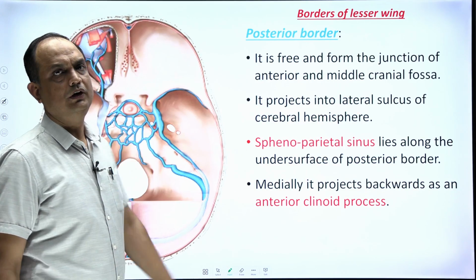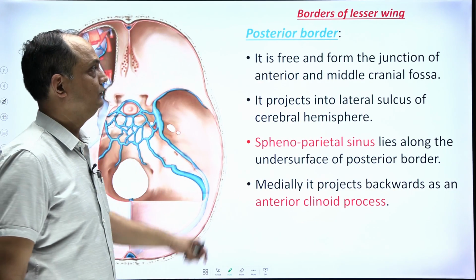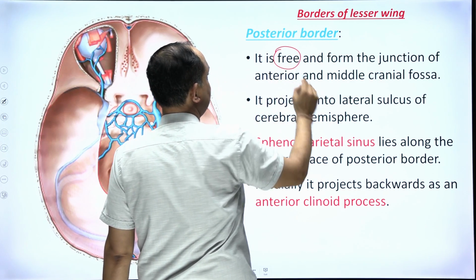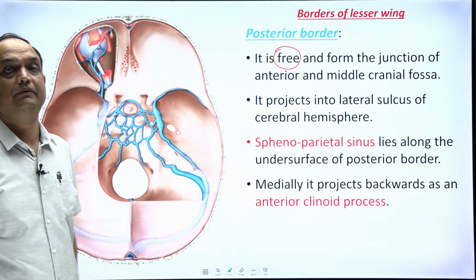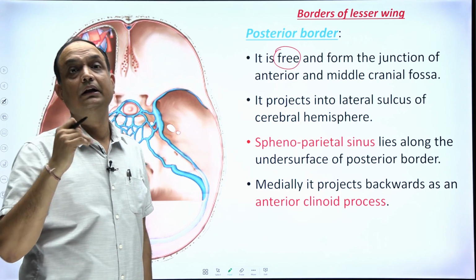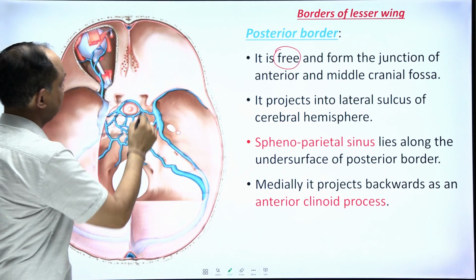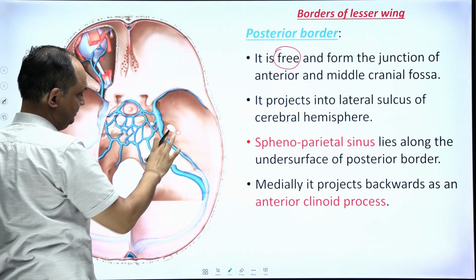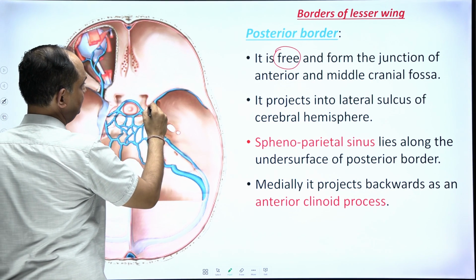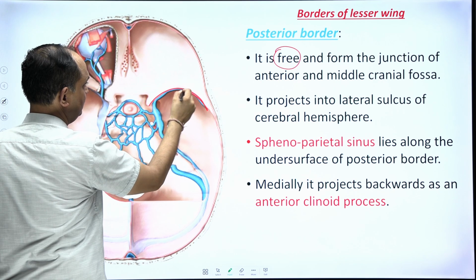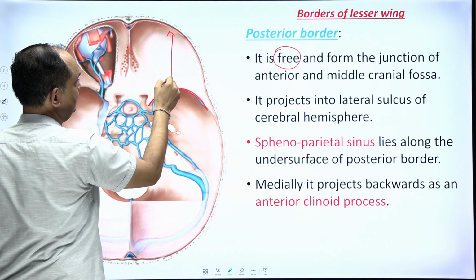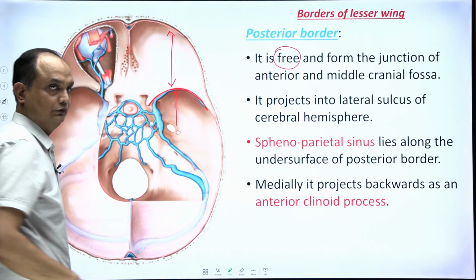Now what about the posterior border? This posterior border is free and it is an important anatomical landmark between the anterior and middle cranial fossa. The cranial cavity is divided into three parts: anterior, middle and posterior cranial fossa. This posterior margin of the lesser wing is the line of demarcation between the anterior and middle cranial fossa.